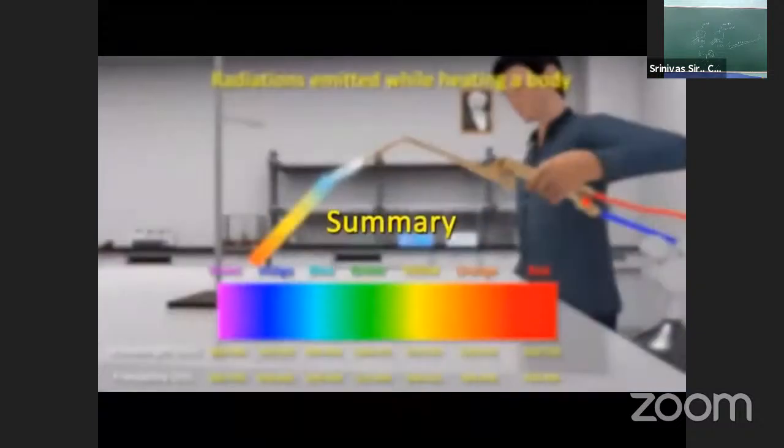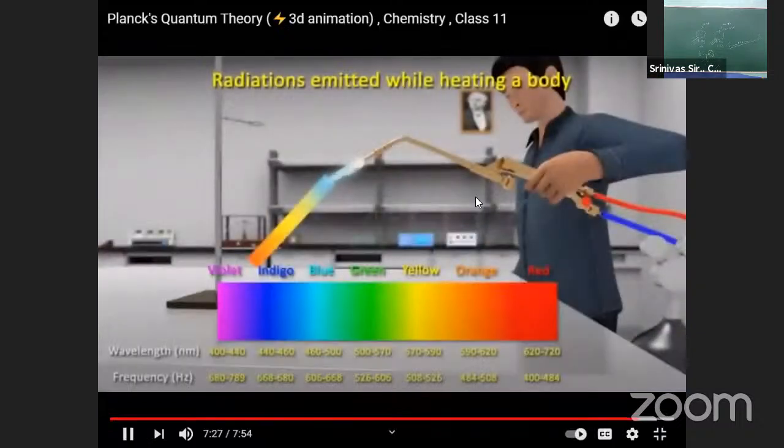Let's summarize. Energy is emitted in the increasing order of their frequency.